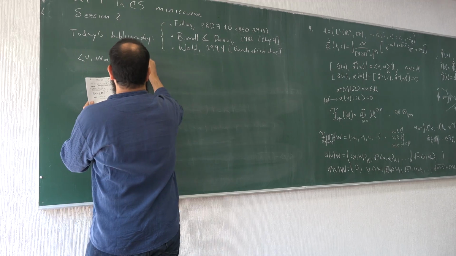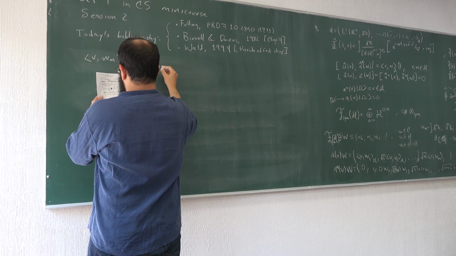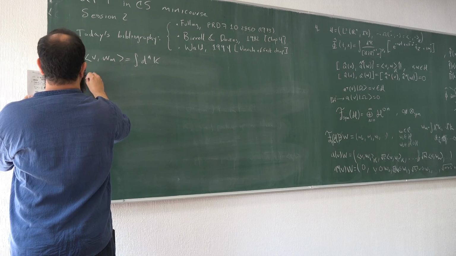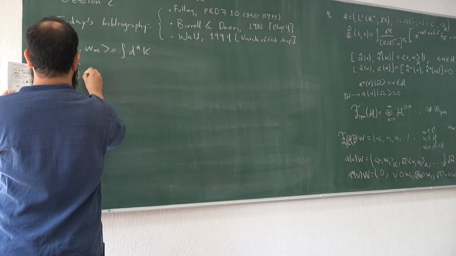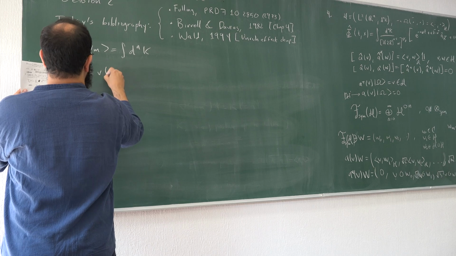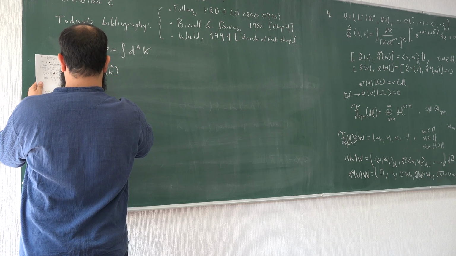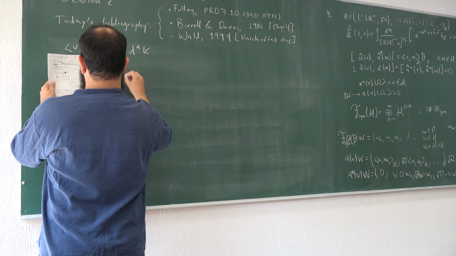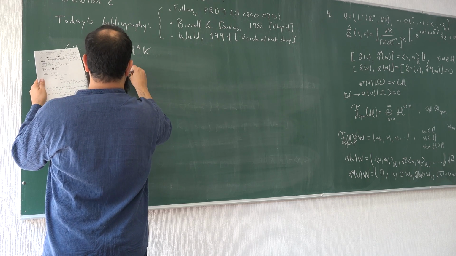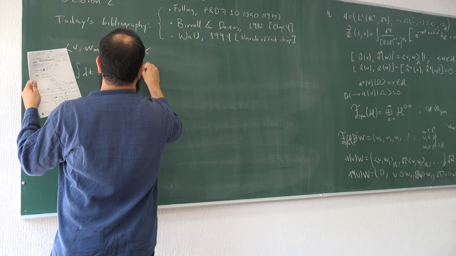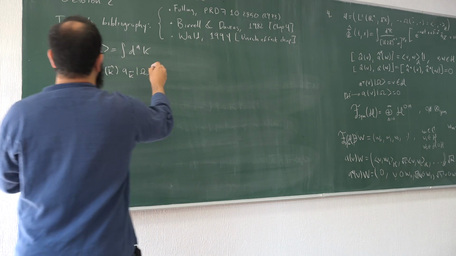So I'm going to write V as integral dk, AK acting on the vacuum. Okay, so I'm going to write V like that.